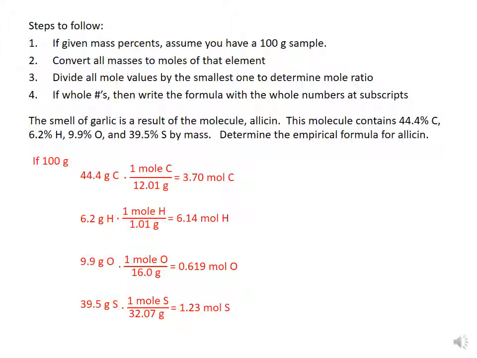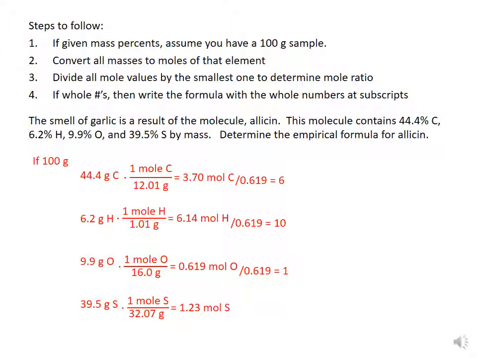And so we do that by going up to step 3 and dividing all of the mole values by the smallest one. So the smallest mole number here is the oxygen, which is 0.619. And so that, of course, gives us a number of 1. And so now we'll divide the rest by 0.619. So if we divide the carbon by 0.619, we get a number of 6.